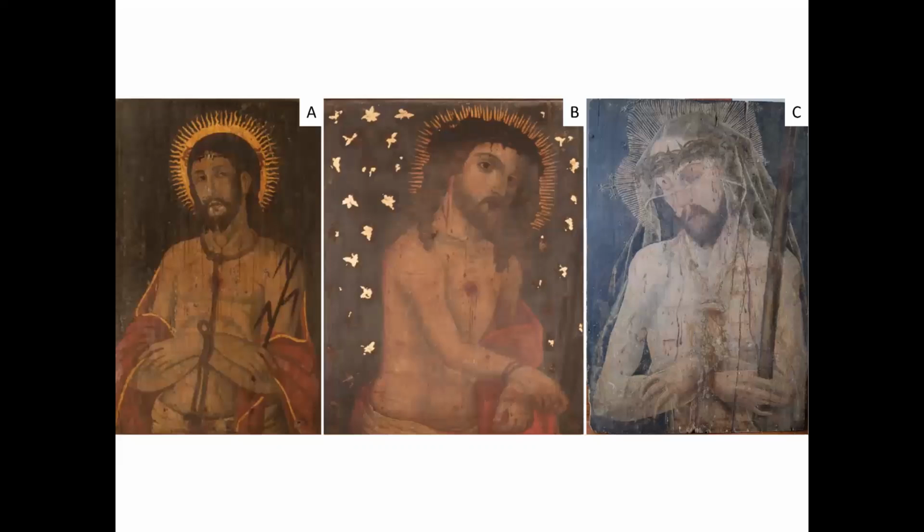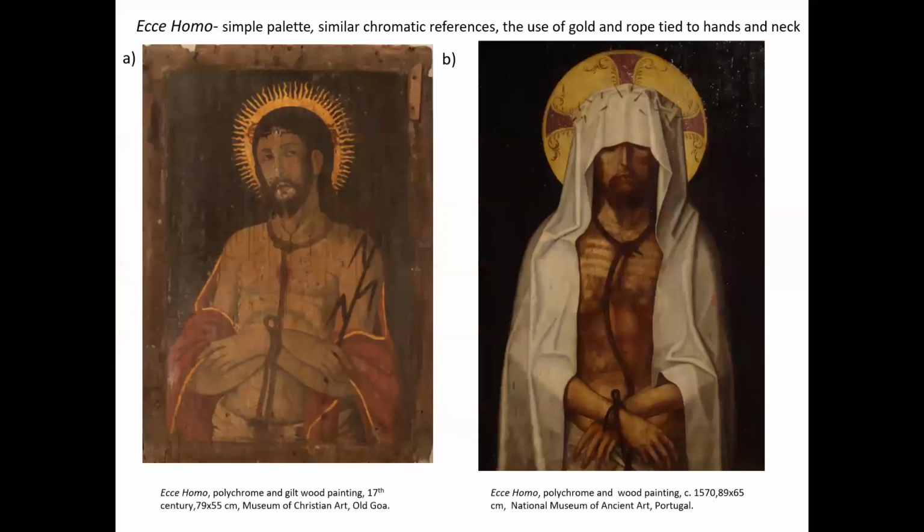So here we have typical representations of Ecce as the European shape was used. And we will see a bit of that. Okay. So this theme that we are studying, Ecce, is well known in Western culture.